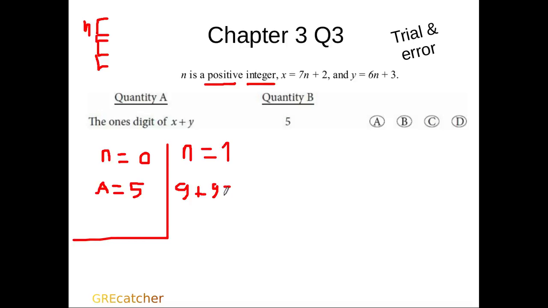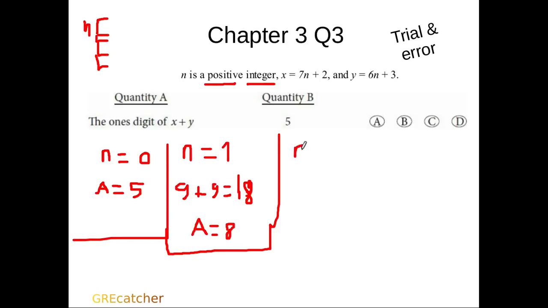And you want the ones digit of this summation, so A will be equal to 8. As you see, 8 is bigger than quantity B, which is 5. So now I can't determine whether quantity A and quantity B will be equal. That's what will affect our choice.